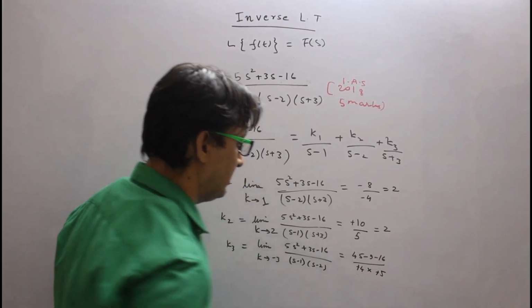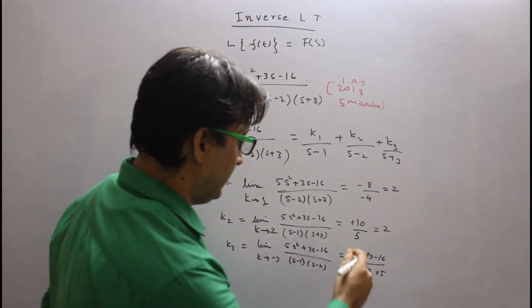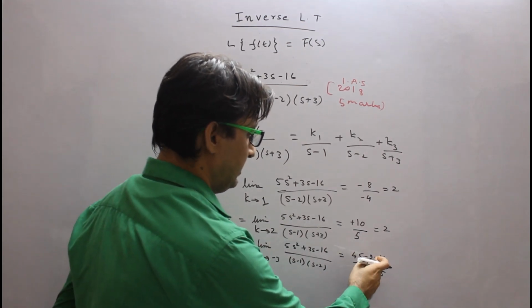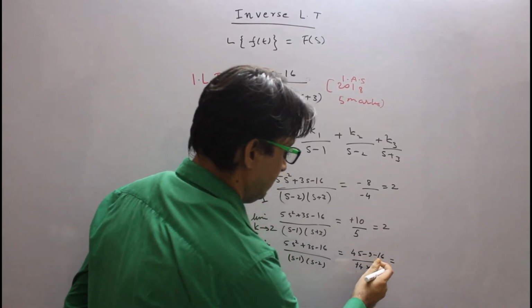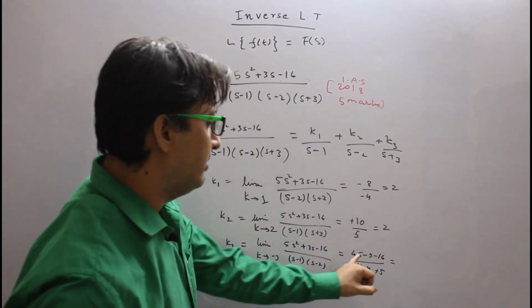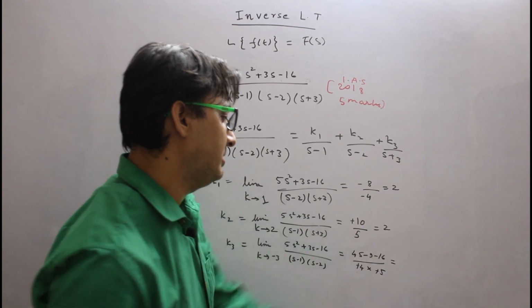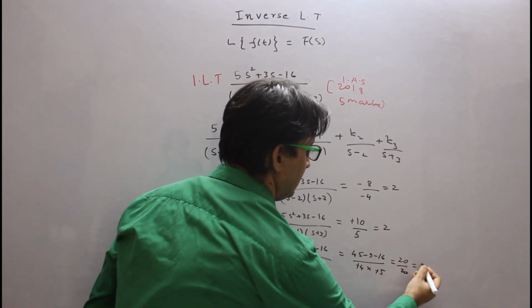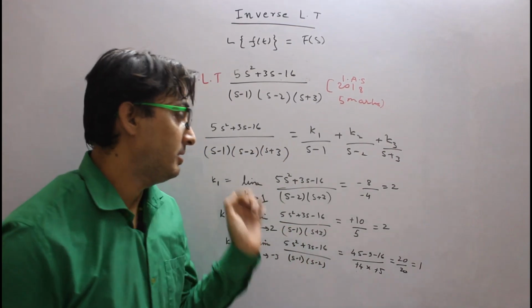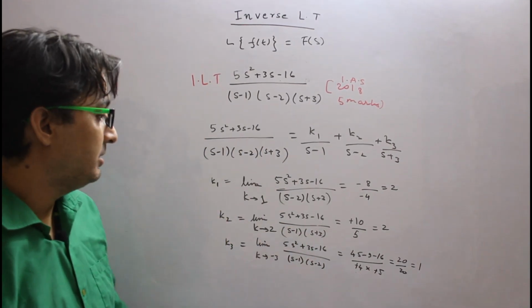So this is 16 plus 9 is 25, and 45 minus 25 is 20. So what we get, 20 by 20, that is 1.